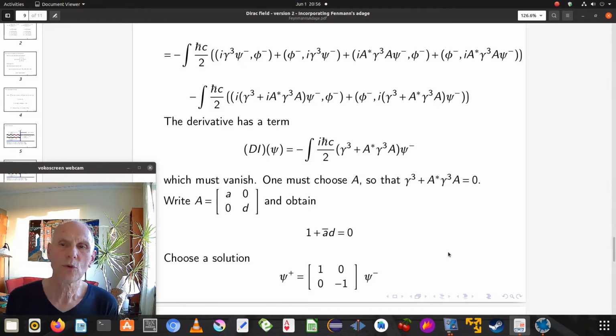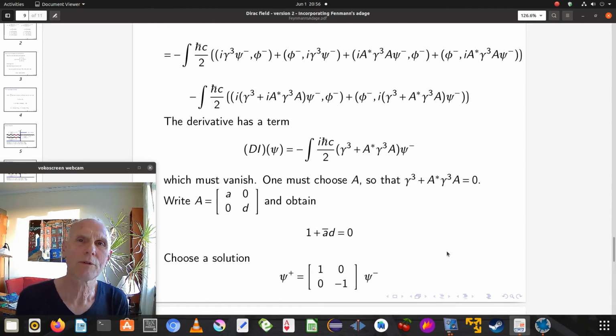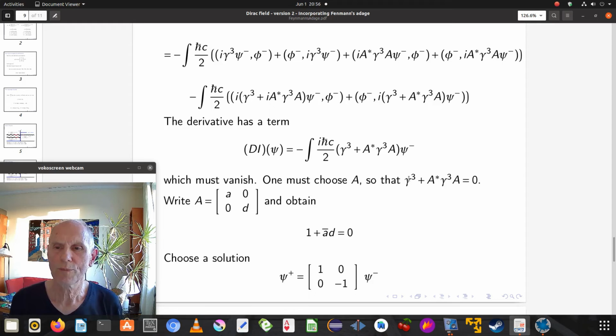But actually I thought, sorry, what about changing sign, crossing some other direction? So maybe it would be a good idea if this held for all spatial gamma vectors. So it also holds for gamma 1 and 2. That's what I tried.